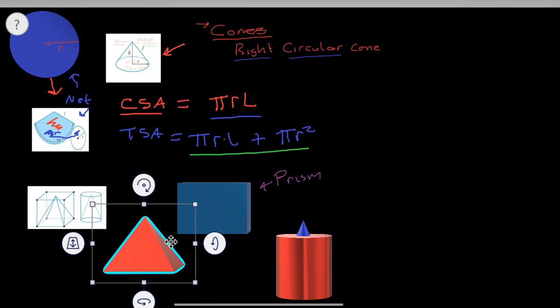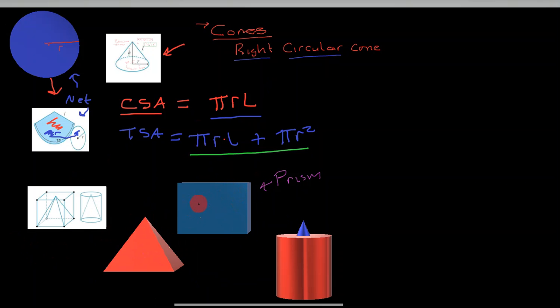What he found was that if the volume of this prism was, let's just make up a number, 15 centimeters cubed, then the volume of the pyramid that fits into this perfectly is going to be 1/3 of this.